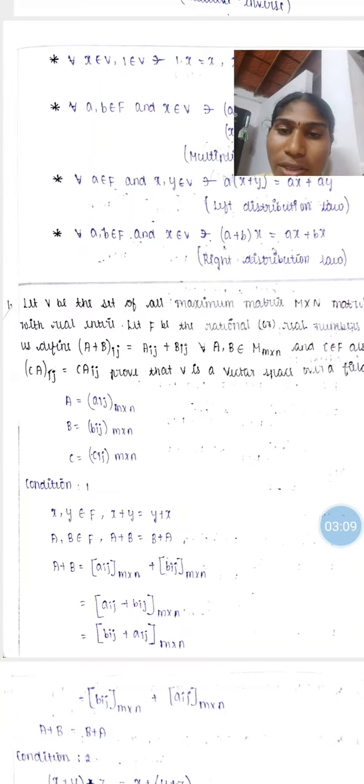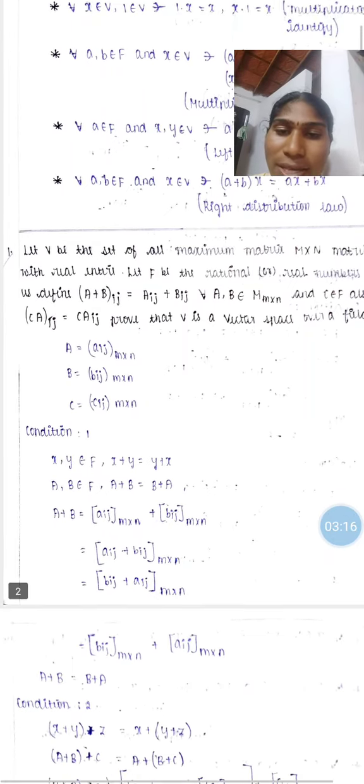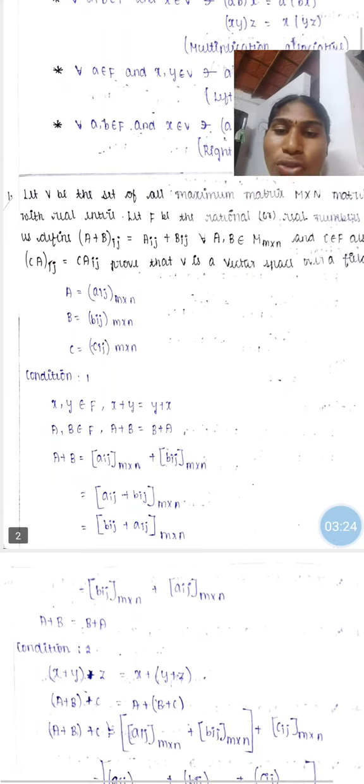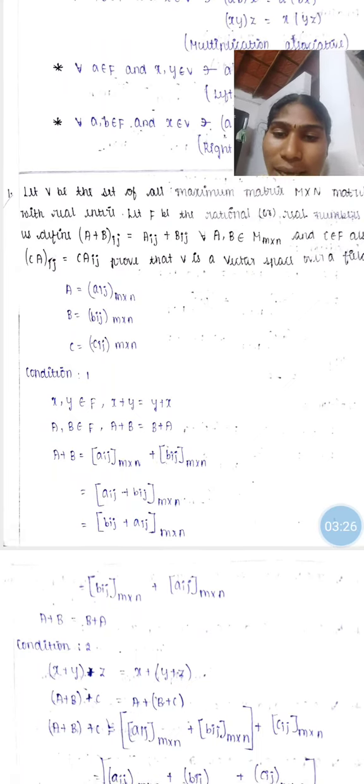First, A is defined by small aij, B is defined by small bij, and capital C is defined by small cij. The first condition is the commutative property. For x, y, x plus y is equal to y plus x, to prove. So here A and B are variables. A, B belonging to V, A plus B is equal to B plus A. A is defined by aij and B is defined by bij.